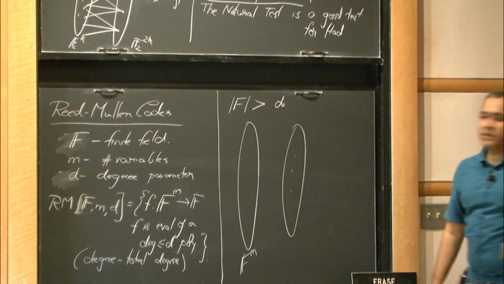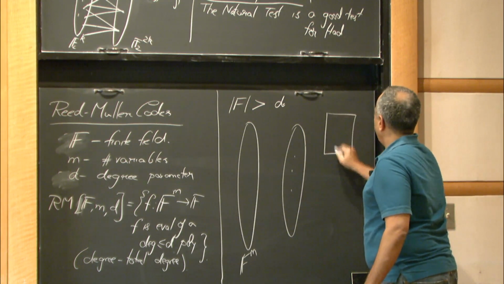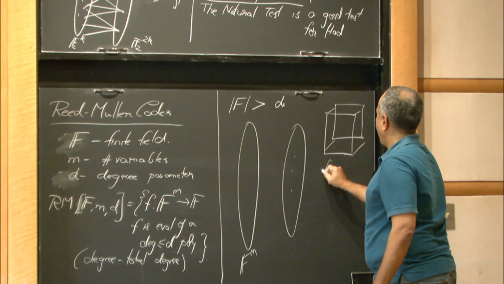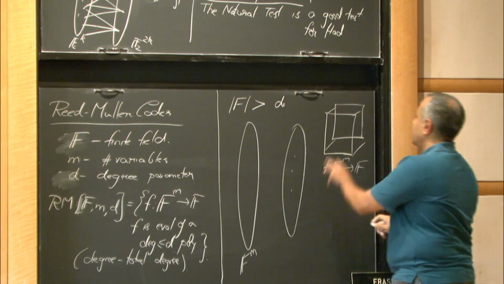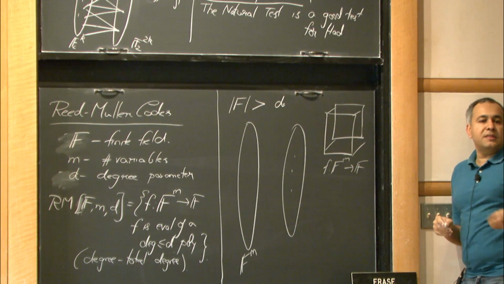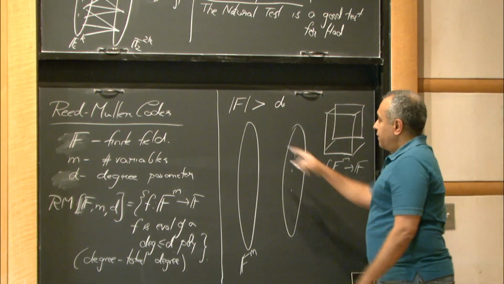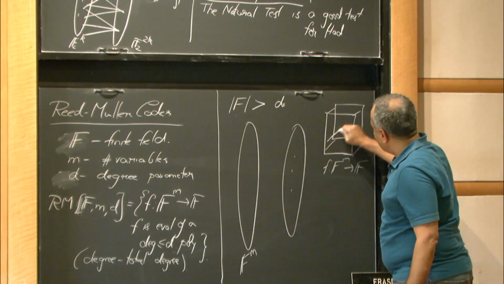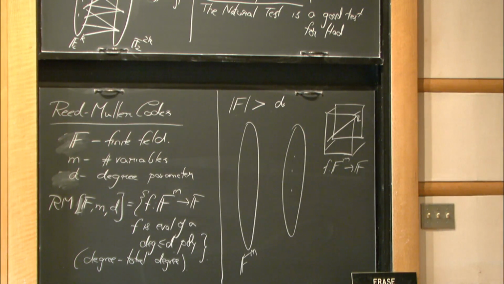So we're going to use the fact that, in this case, what's a Reed-Muller code? I'm given some space F^m. I'm giving you for every point in the space a value, and I'm claiming that this is the evaluation of some low degree polynomial. Now, if the size of F is larger than d, and this is the evaluation of a low degree polynomial, then if I restrict it to any particular line, that will also be a low degree polynomial.